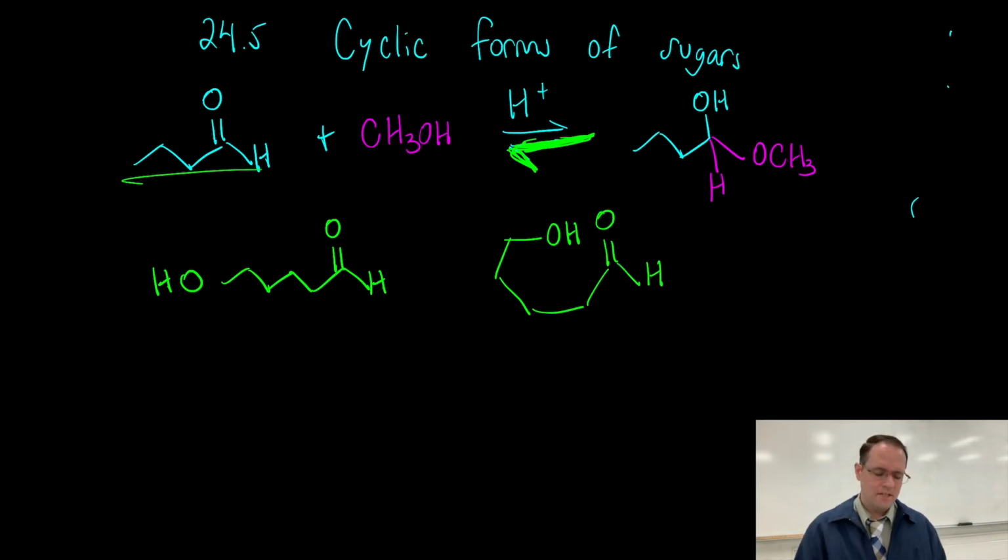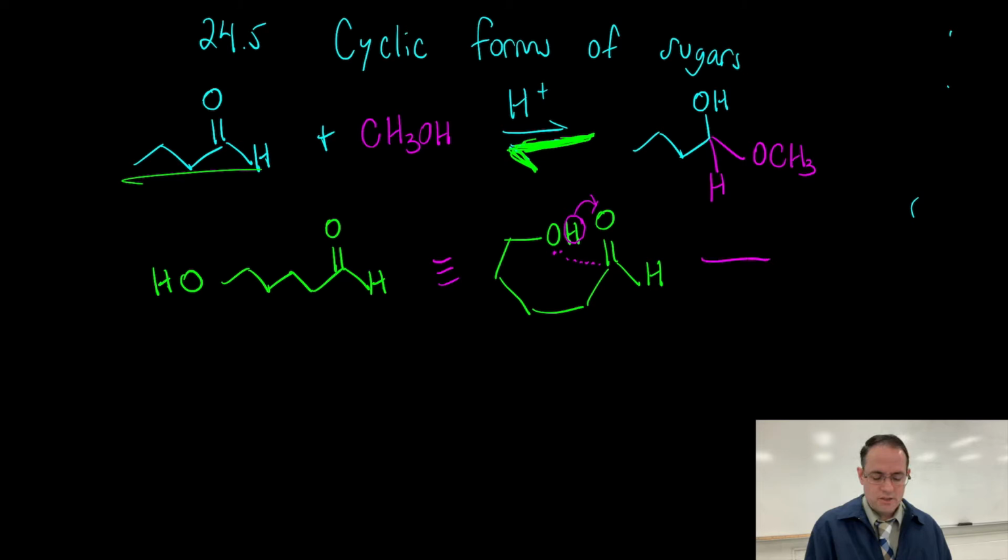And here it makes more sense why this oxygen atom of the alcohol would attack and attach to the carbonyl, and why this hydrogen would attach to the oxygen, okay? So again, think about this as an addition reaction. The oxygen connects to the carbonyl carbon, and the hydrogen goes to where the oxygen is. So these two are equivalent. That's the mathematical symbol for equivalency.